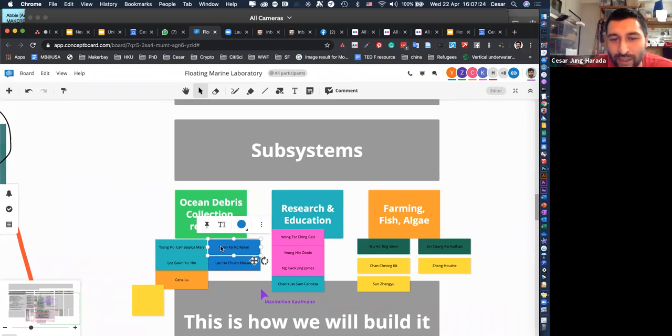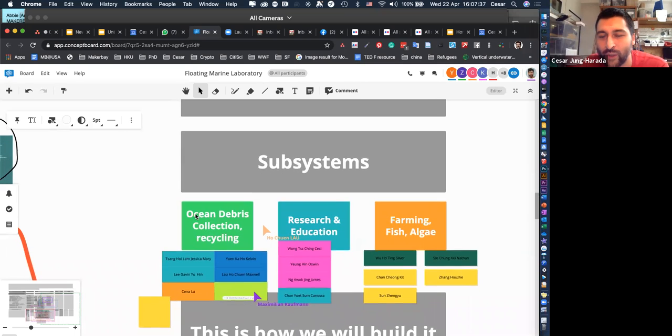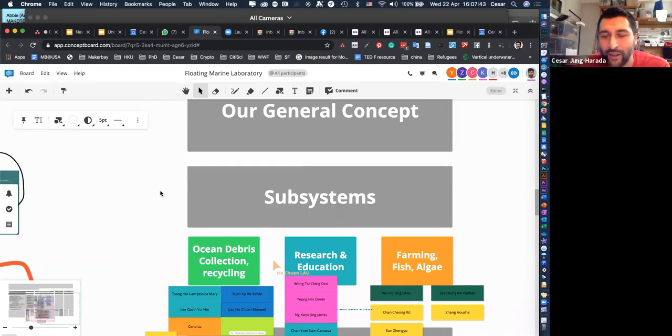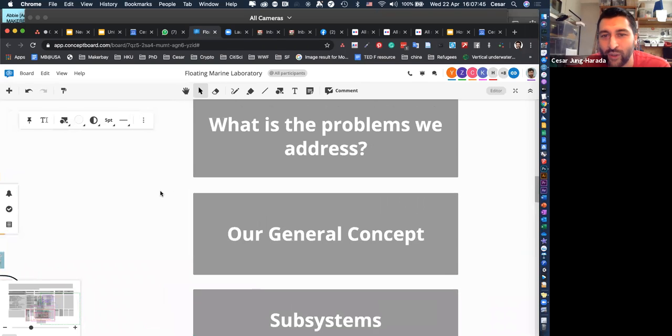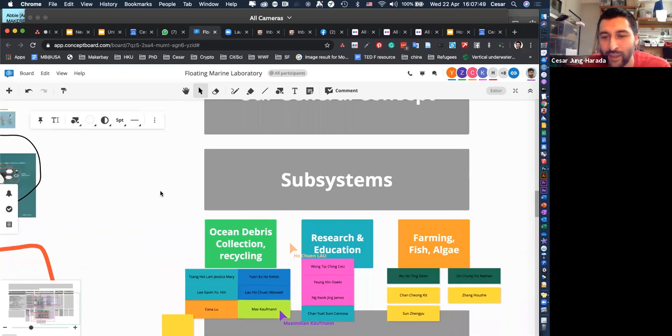We just want one person, for example, for ocean debris, one person for research and education, one person for farming algae. So can you please reposition yourself and put yourself on another slide so you're not just focused on your particular area of research, but also cover the other slides. So who can speak about the general problem that we are addressing? So giving more context. Can you please put your name there?